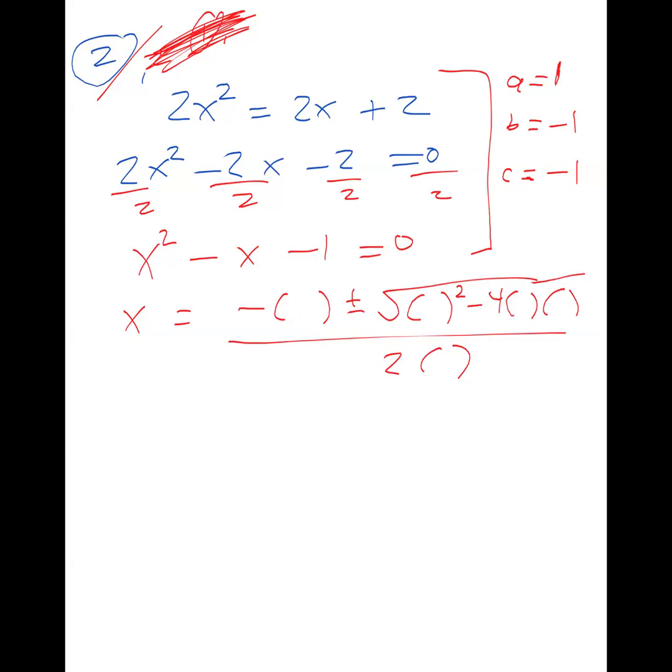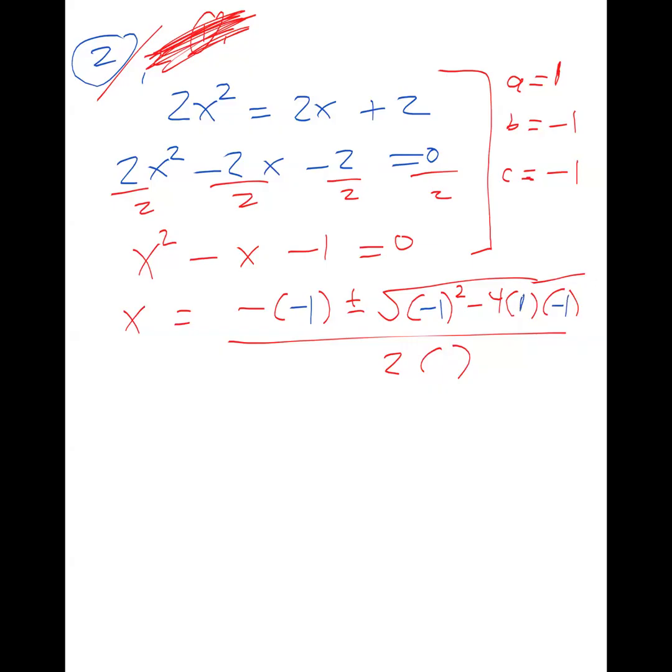What number should I put in the first blank space? -1, correct. What number goes in the second blank space? What number goes in the third blank space? It's -4ac, right? So a goes in the next blank space, and what's the value of a? 1. And then c, which is -1.